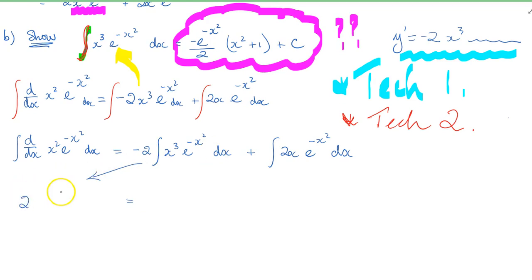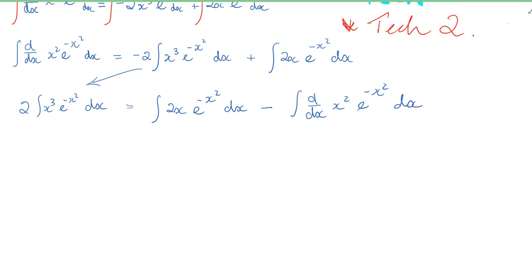So next line, and that produces, the minus 2 becomes a plus 2, the integral is equal to, now the way I've set this up is because this was positive, I put it at the front, and when I bring this one over, obviously it becomes a minus.